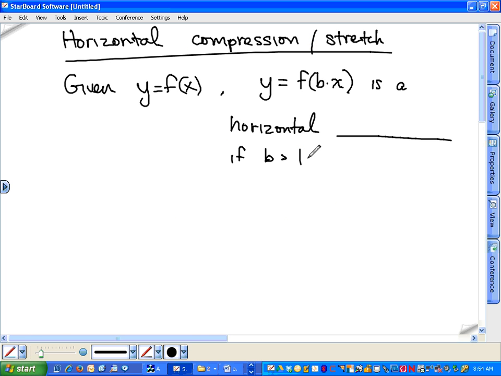So let's try this again. If b is greater than 1, I know conventional wisdom says, well, that's just going to stretch the graph horizontally. It's going to get longer horizontally. But what's the opposite of that? Actually a compression. If b is greater than 1, what that actually does is compress the graph horizontally.